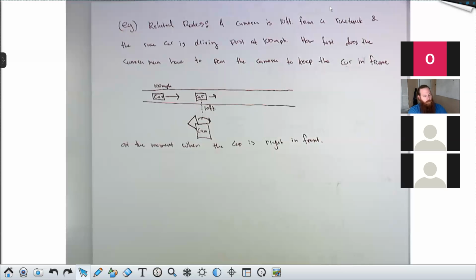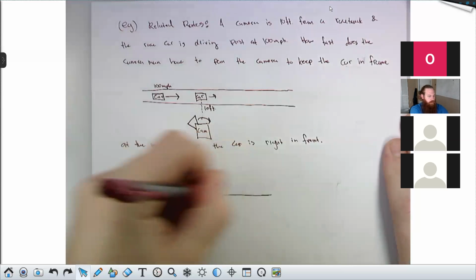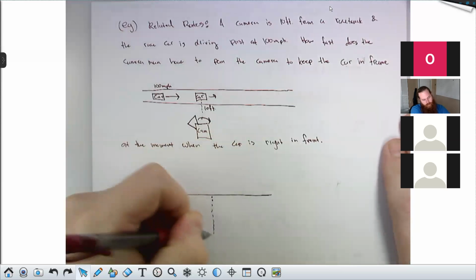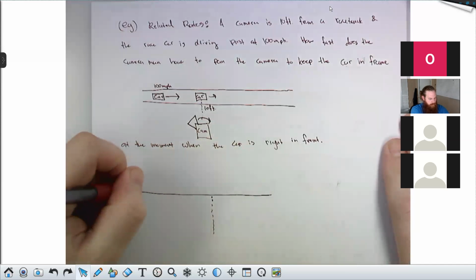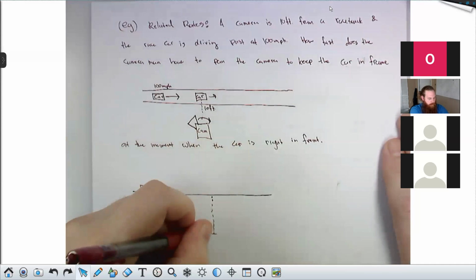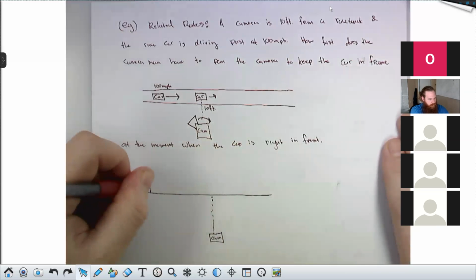So what we're looking for, I'm going to redraw this picture, taking out some of the complicated things. Here's the car. Here's the camera. And we don't need to know the angle where we start at.